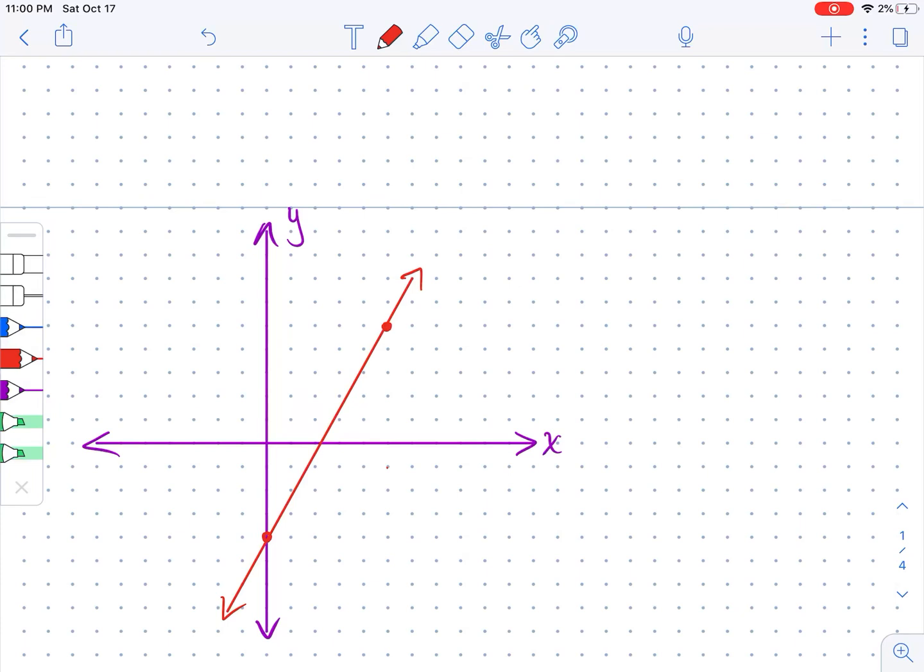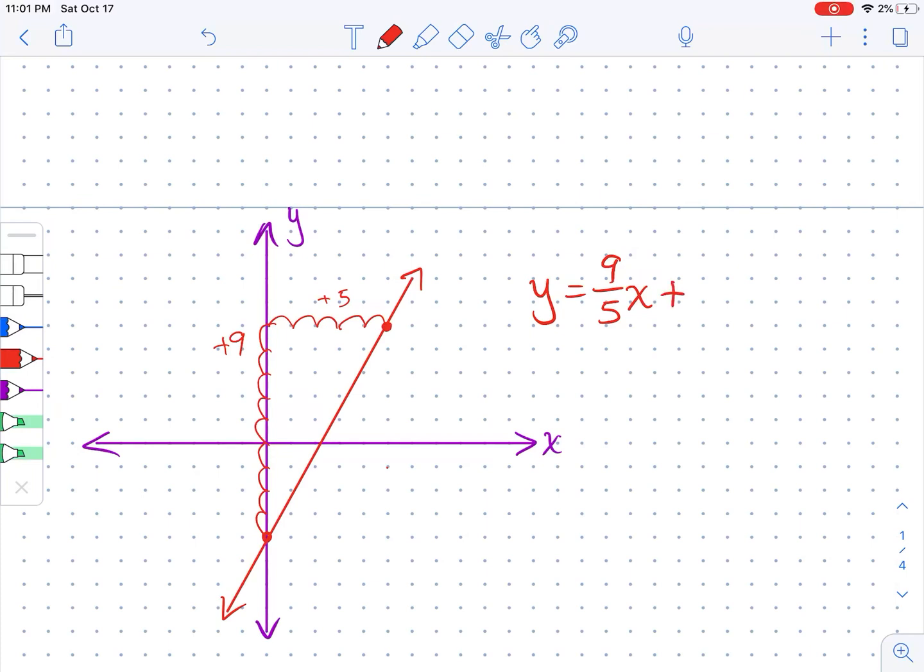See if you can write the equation of this line. I went up 9. I went right 5. So my slope is 9/5.